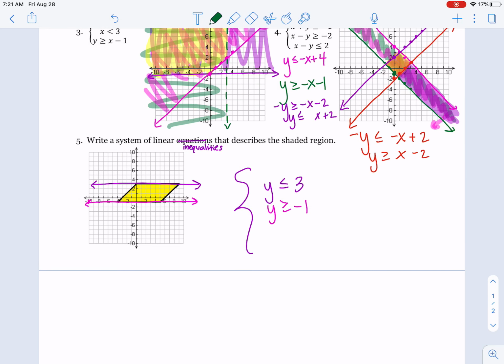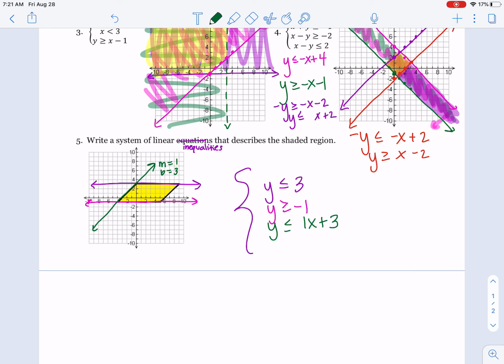If I look at the left, I'm going to look for my slope and my y-intercept. So my y-intercept is at 3, and my slope, if I count boxes, is up 1 and to the right 1. So my equation is going to be y is equal to 1x plus 3. I've shaded below that green line, so it's going to be less than.